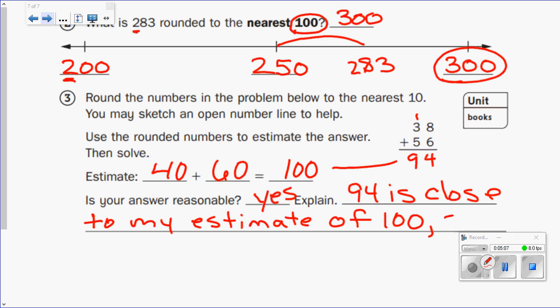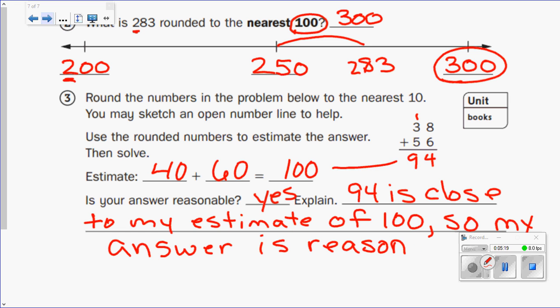So therefore, my answer is reasonable. And boys and girls, all this is giving a complete thought on whether or not your answer is close to your estimate. And an estimate, remember, is just a guess.